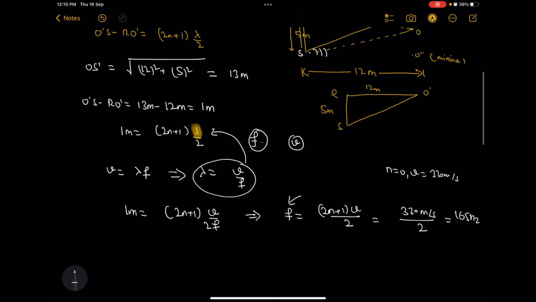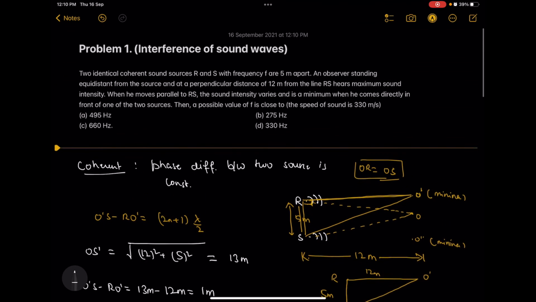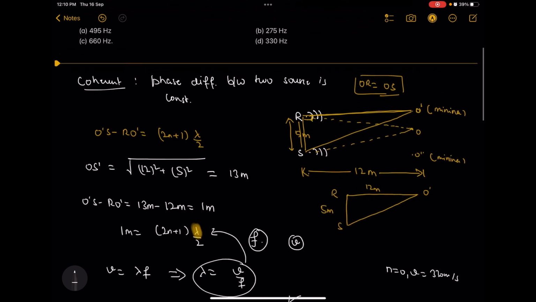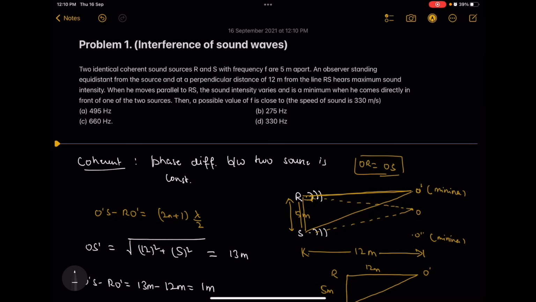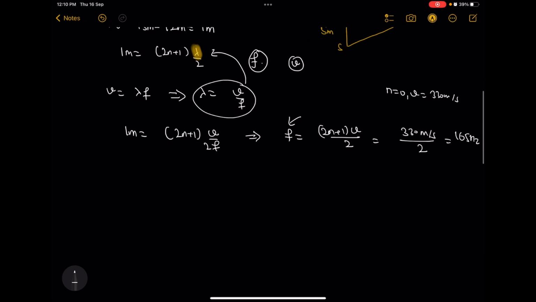There is no such answer here. So let's try another value. Let's try n equals 1. So f is going to be (2 plus 1) times 330 divided by 2, which is 3 times 165, which is 495 hertz.